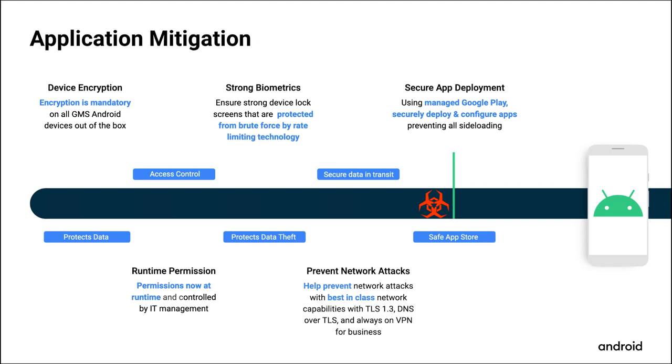Finally, being able to secure how those apps get on a device, right? So when you're managing a device with Android Enterprise, best practice is to use something called the Managed Google Play Store. Basically what that does is it requires all applications to be deployed via an EMM through the Managed Google Play Store. It provides a very secure way to deploy and configure apps to a work-managed device or to a work profile. And it prevents all sideloading.